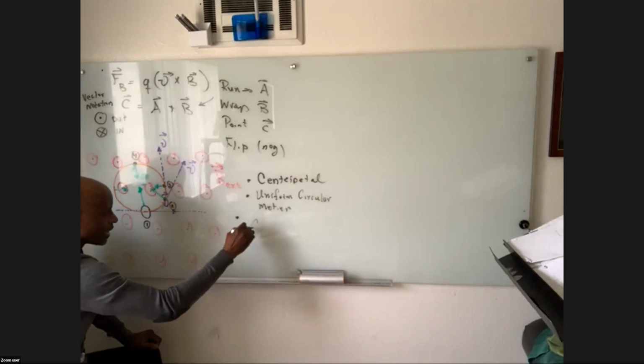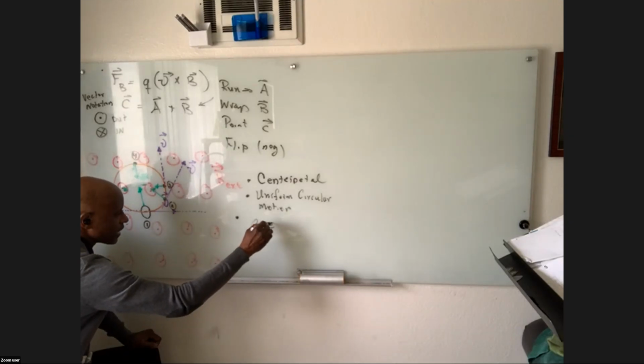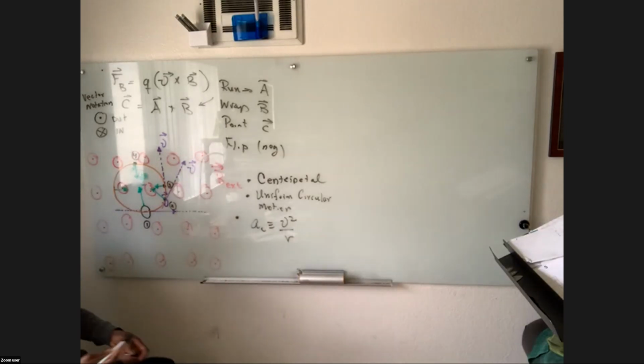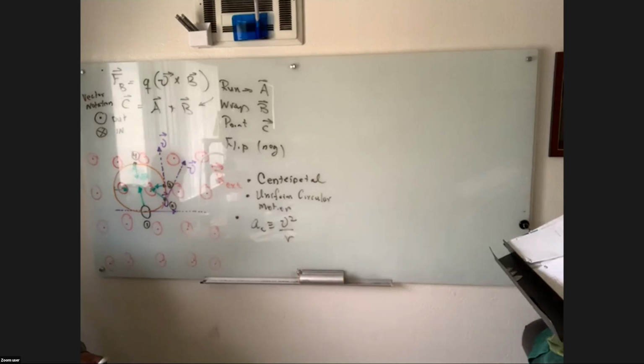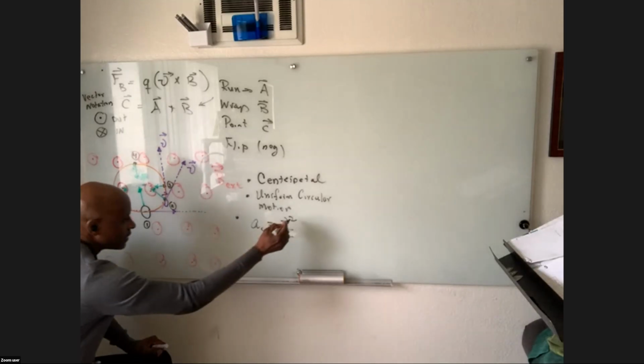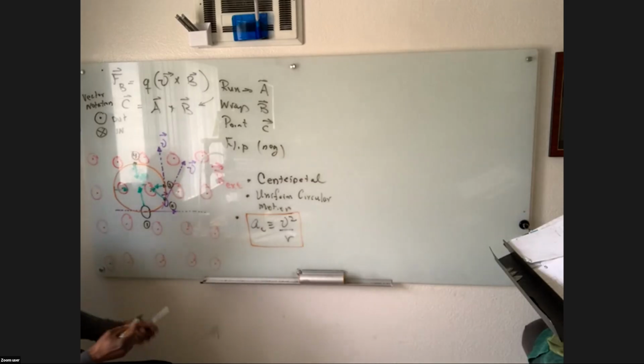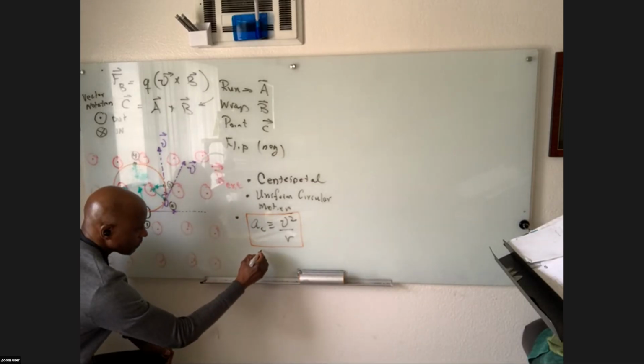Let me help you. a_c is defined as v squared over r. You probably remember that now, right? Yeah, v squared. Okay. So that's centripetal acceleration, and it always points toward the center of the circle. That's a characteristic of the motion.